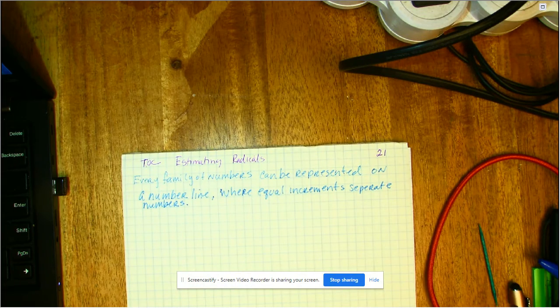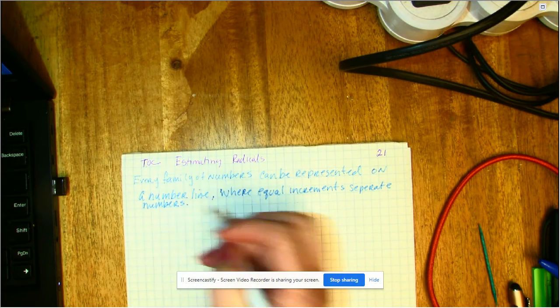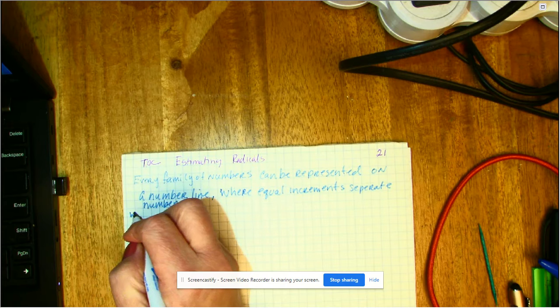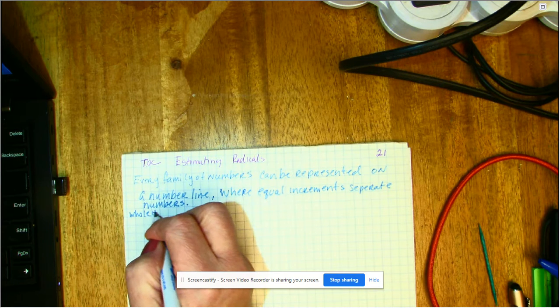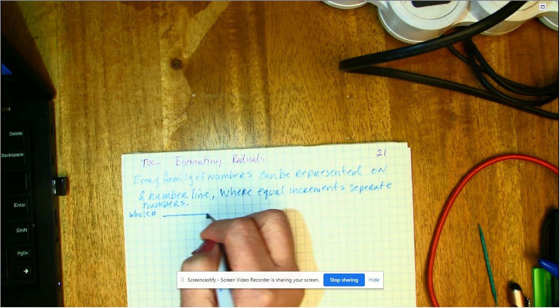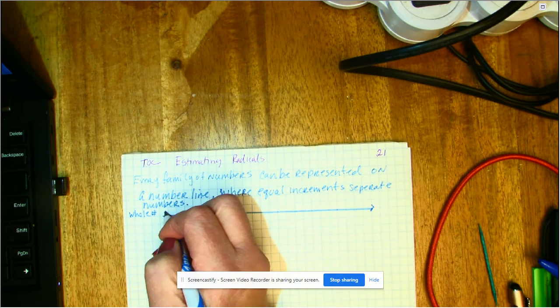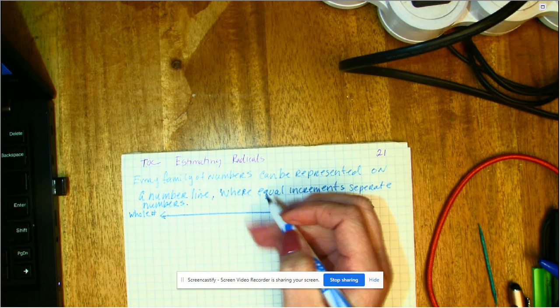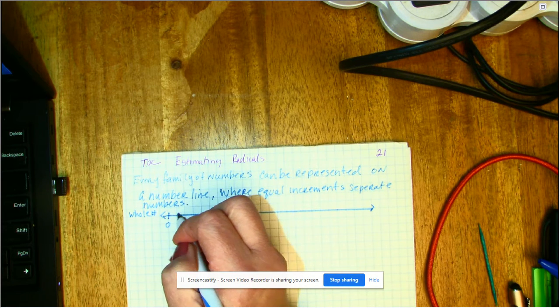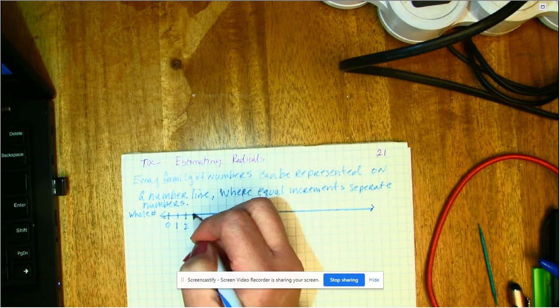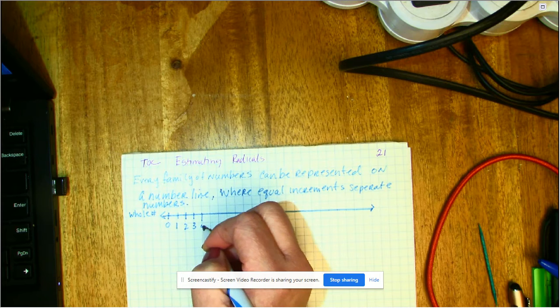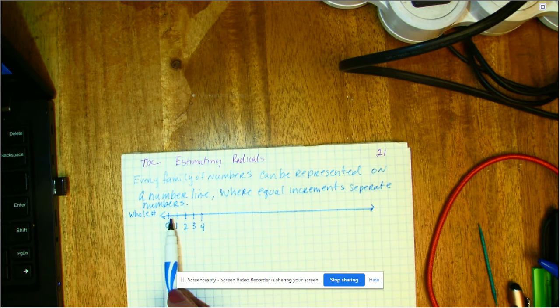Okay, and what that just means is, for example, if we were going to look at a whole number line, so I make a number line of whole numbers, and we can say, well, this is 0, this is 1, this is 2, this is 3, this is 4, etc. And each one of these are separated by an exact equal amount of space, okay?